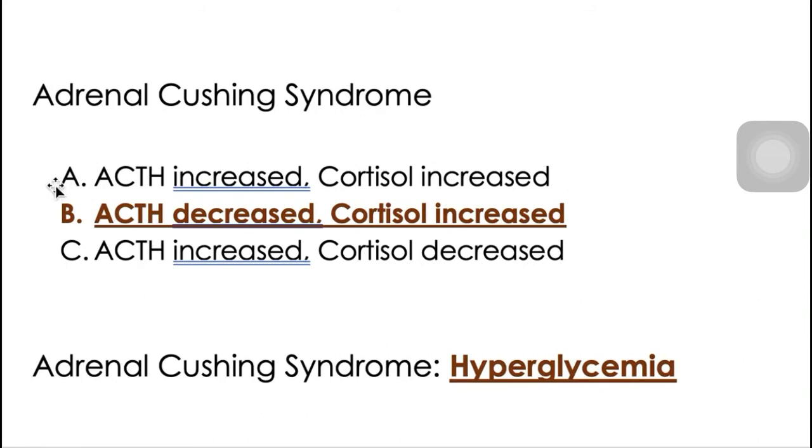So yung letter A po dito is the case kapag secondary hypercortisolism or Cushing's disease or pituitary Cushing. While for letter B, yung answer po natin dito is for your Cushing's syndrome or your adrenal Cushing's or your primary hypercortisolism. Okay?